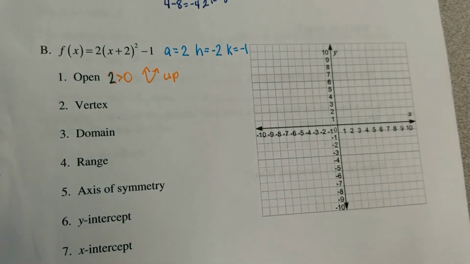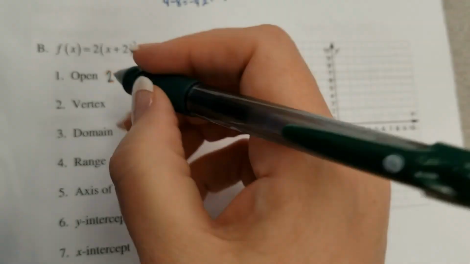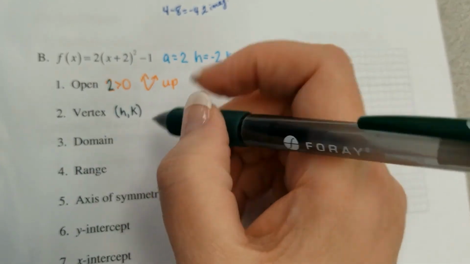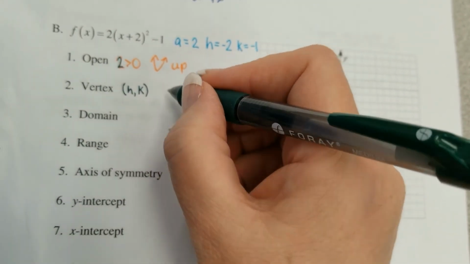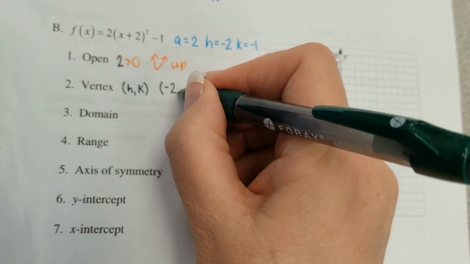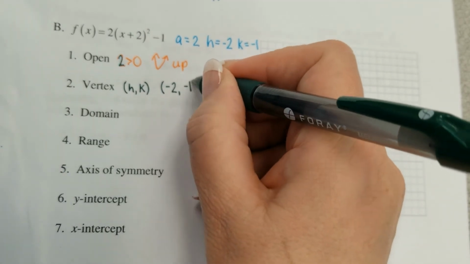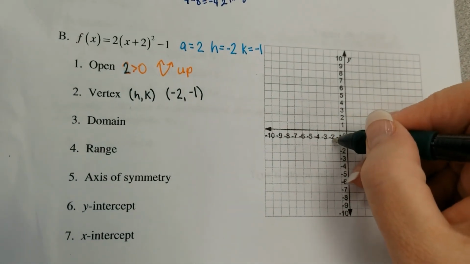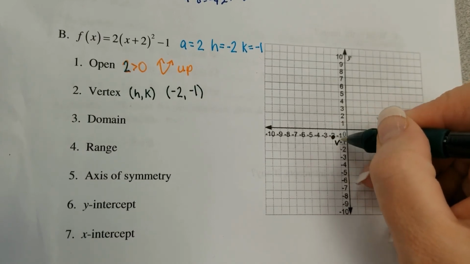Our vertex is (h, k), and h was negative 2, and k is negative 1. So let's graph that point, negative 2, negative 1. There's our vertex right there.